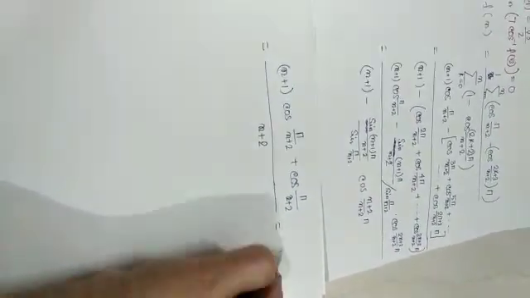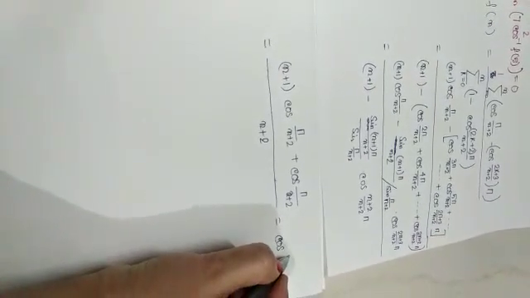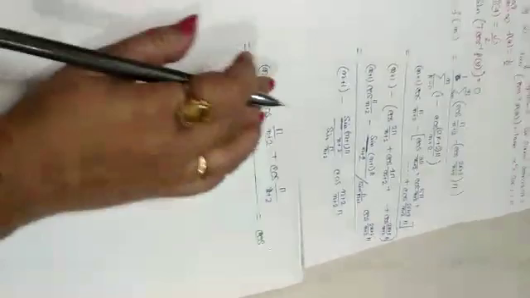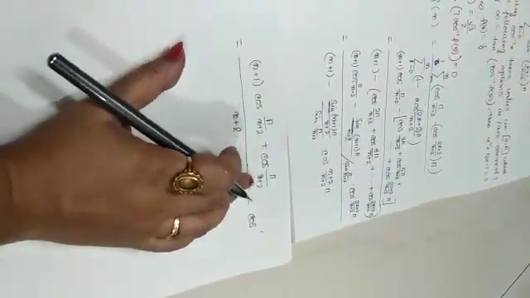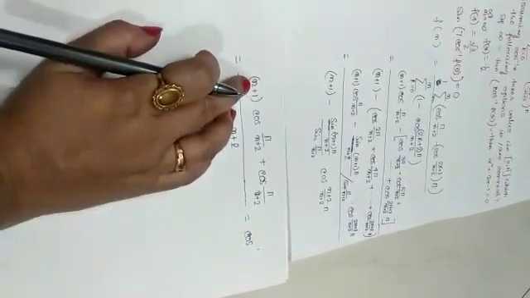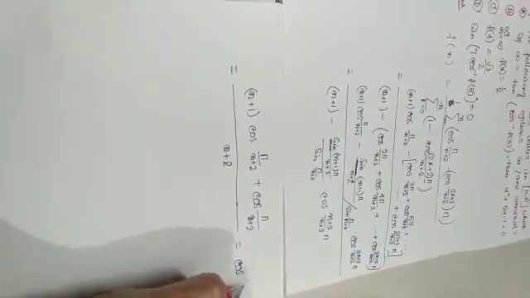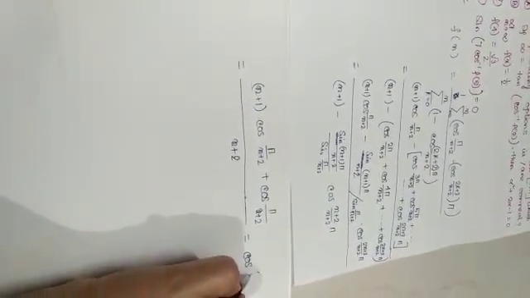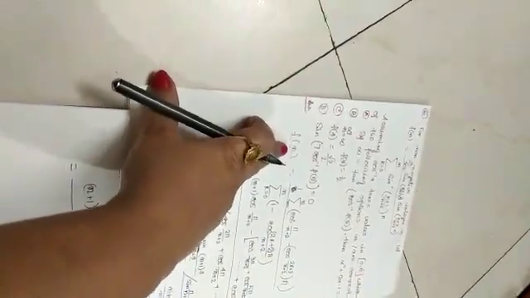After taking cos pi by n plus 2 common, this becomes n plus 2, therefore n plus 2 is eliminated, and we get cos of pi by n plus 2. This one is our f_n.